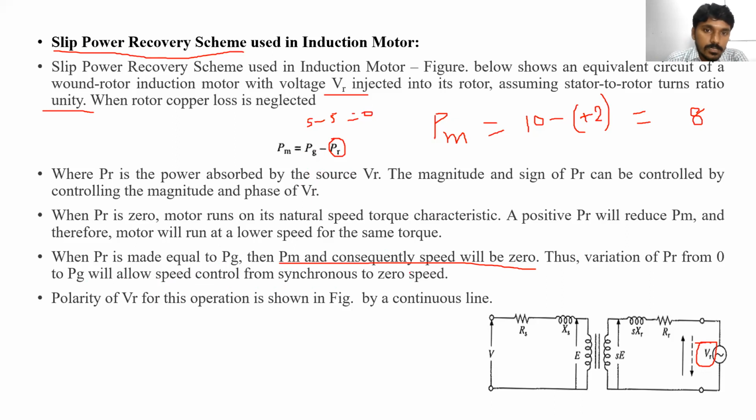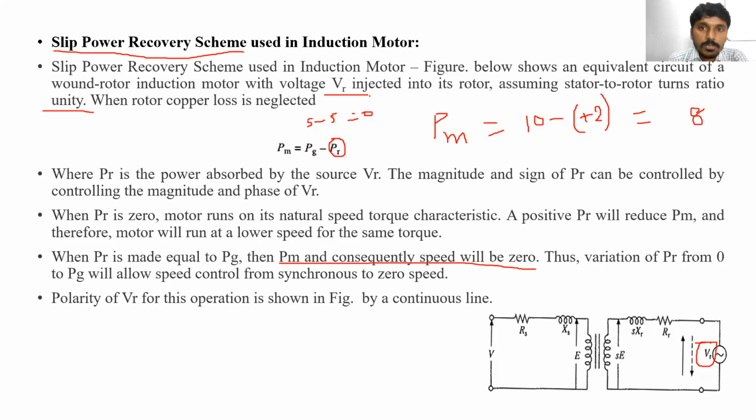Clear? So when the PR value is low, it will run at nearly synchronous speed. When the PR value is equal to the PG value, the mechanical power developed by the rotor circuit of the induction motor is 0.